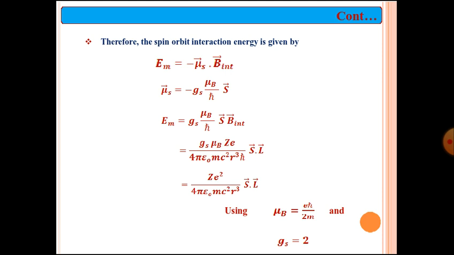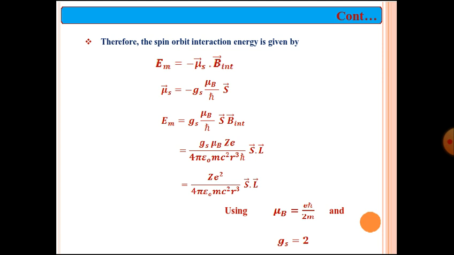Therefore, the spin orbit interaction energy is given by E = -μs·B_int. We know already that B_int represents that internal field. Since we have assumed the electron to be at rest and the nucleus to be moving, the electron will have only one motion, its spin magnetic moment.